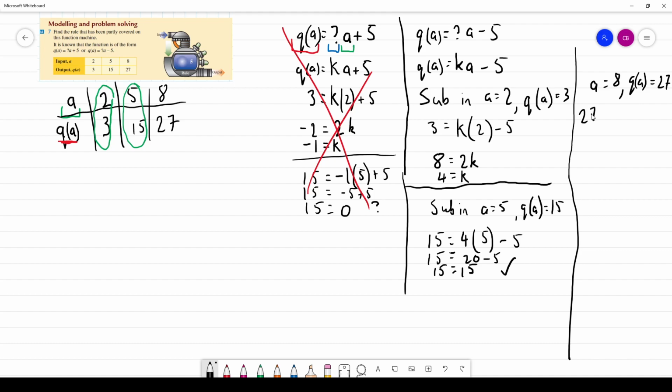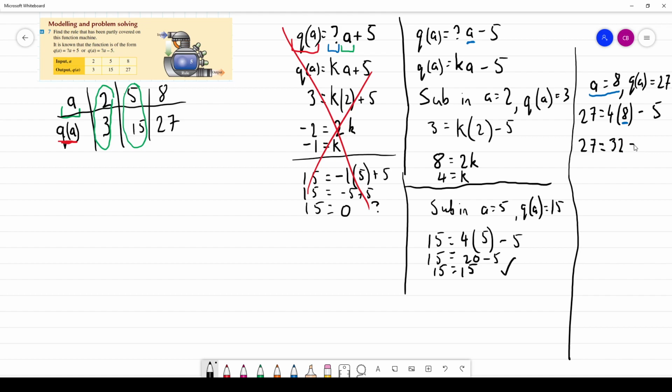Now we'll have 27 equals 4 times 8, because remember, a equals 8. That's this a here, which is this one here. Minus 5. Let's hope this works. 27 equals 4 times 8. What's that? 32 maybe?